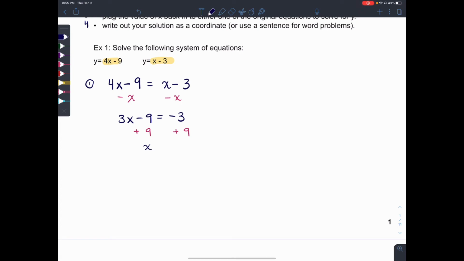And that will give me 3x equals 6, sorry. To get rid of that 3, we will need to divide by 3. We'll get x equals 2. Now we need to go back and find y.